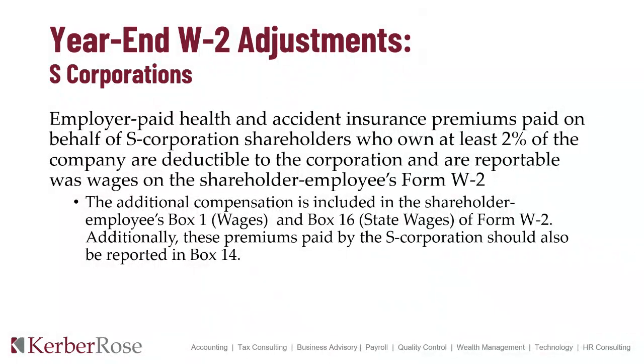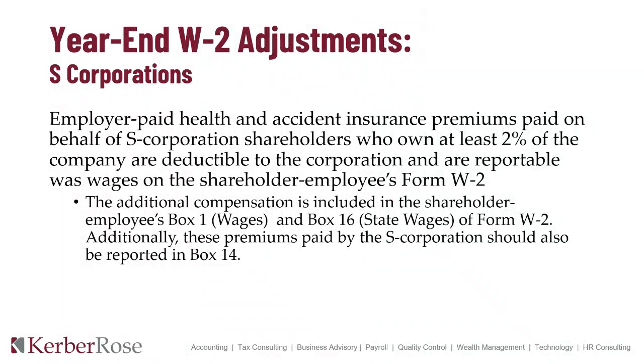All right, so another year-end adjustment is specific to S corporations. Employer paid health and accident insurance premiums paid on behalf of an S corporation shareholder who owns at least 2% of the company are deductible to the corporation and are reportable as wages on the shareholder employee's W-2.